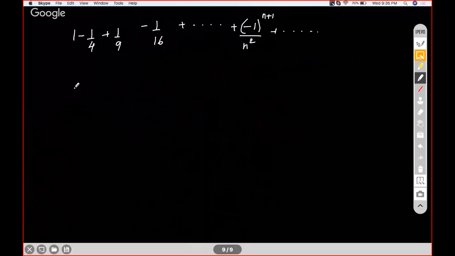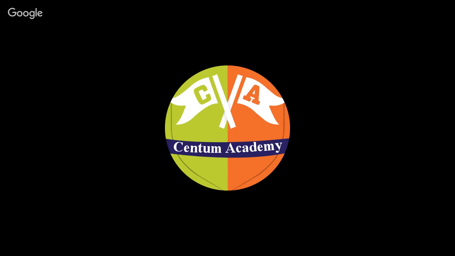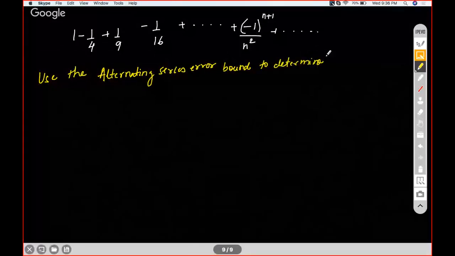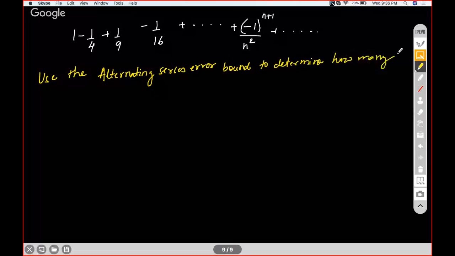Use the alternating series error bound to determine how many terms must be summed to approximate to 3 decimal places the value of this S.